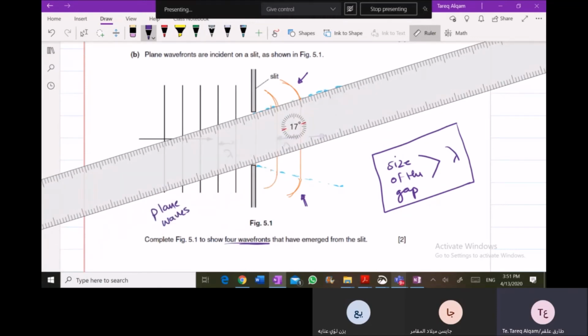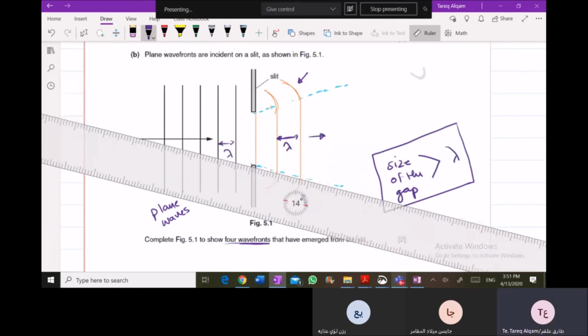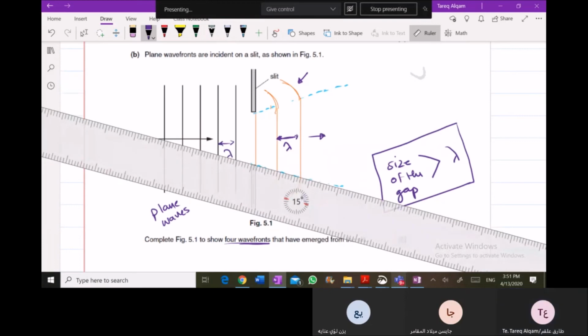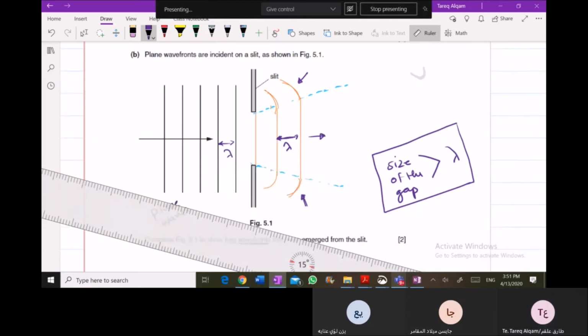I told you that, roughly speaking, I can draw an angle like this, 17 or 15 degrees from this side. Draw this line, and the same thing from the other side. Draw the dashed line. Here, if you look, I draw straight lines.